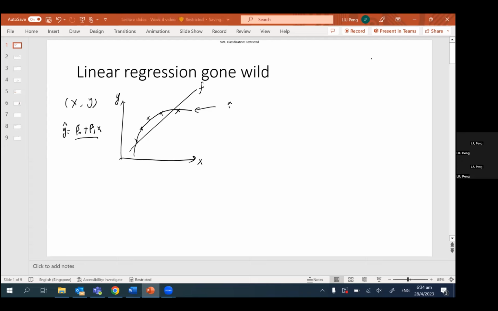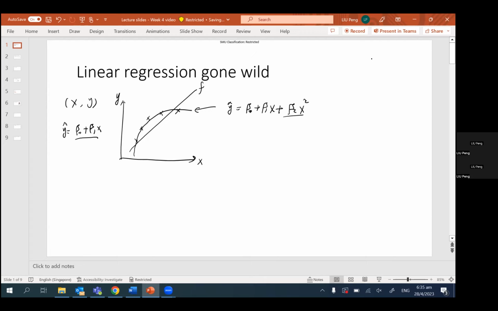In this case, the model can be represented by y hat equals beta 0, still the first order term, which means x to the power of 1, so you can just ignore that, plus another term, x squared.